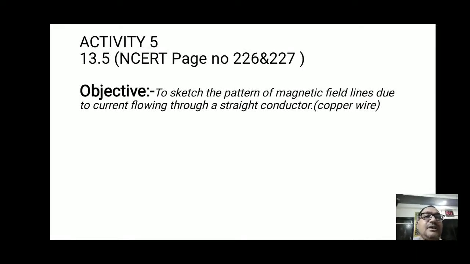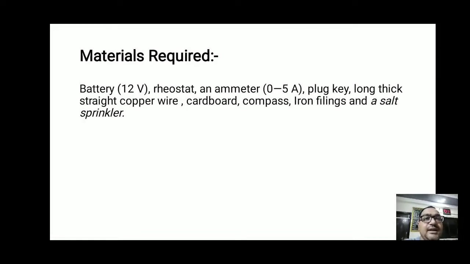It means which type of pattern should be formed nearby the straight copper wire when electric current passes through it. So this is the aim or objective of our activity. Now students, the second step is the materials required for performing this activity.